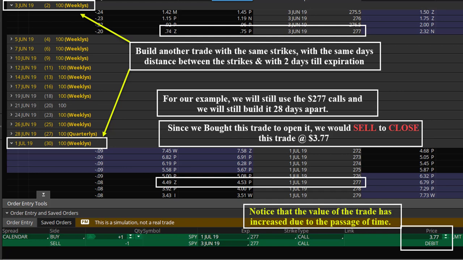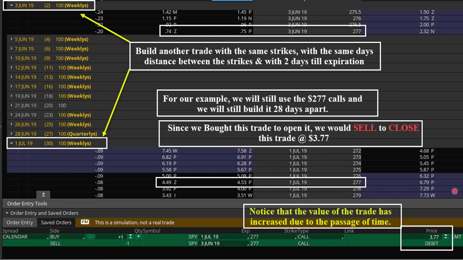This shows us what the value of the trade would be worth with only 2 days to expiration. If we bought the July-August trade to enter this position at $1.92, and we could sell our position back to the market at 2 days to expiration for a value of $3.77, we could make quite a profit.